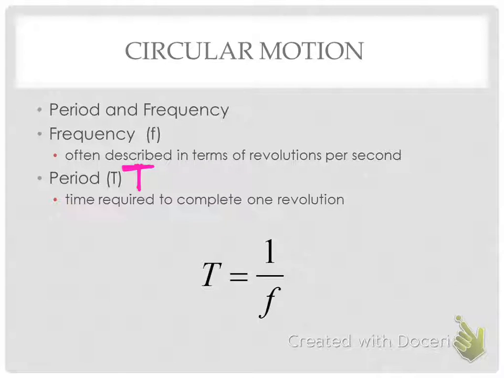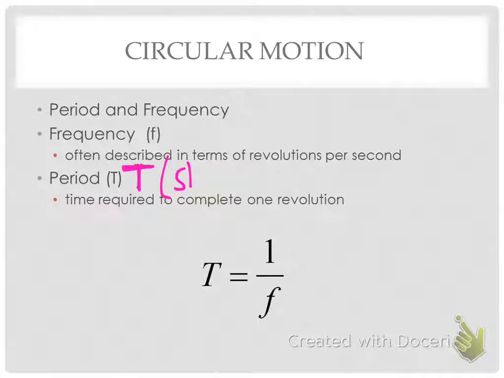Capital T is the time to make one revolution, and usually we want period to be in seconds. In order for period to be in seconds, what does frequency have to be in? Revolutions per second. So we want those to match.